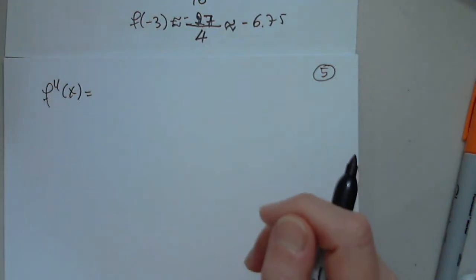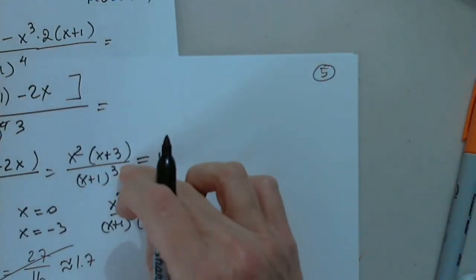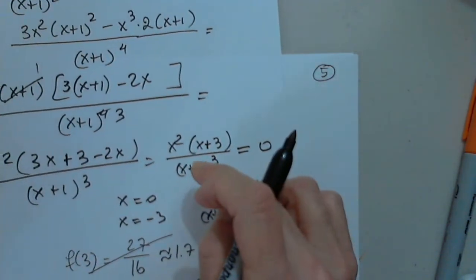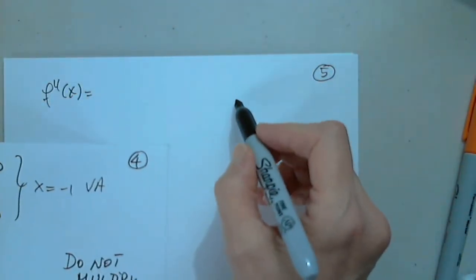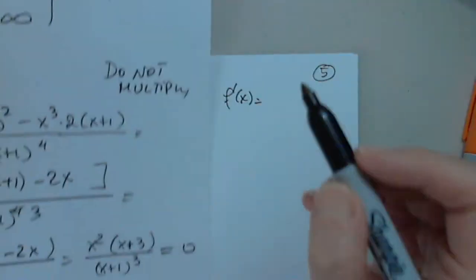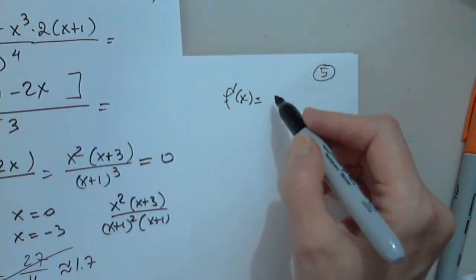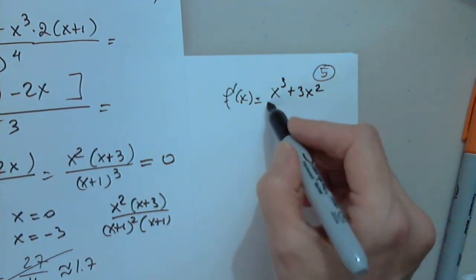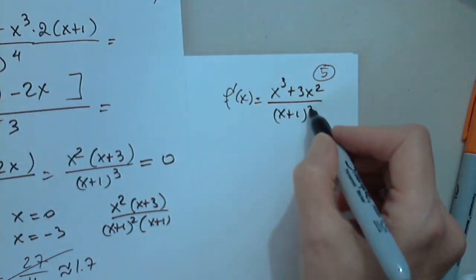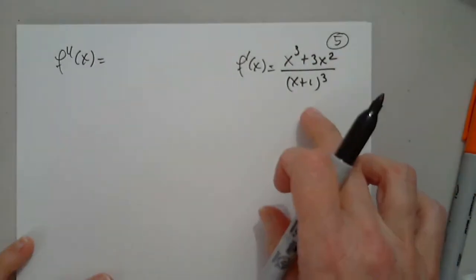Good. So where is it? Right here. I'm going to rewrite the function, the first derivative, like this to make it so much easier. X cubed plus 3x squared over x plus 1 cubed. Okay, I'm going to differentiate that.